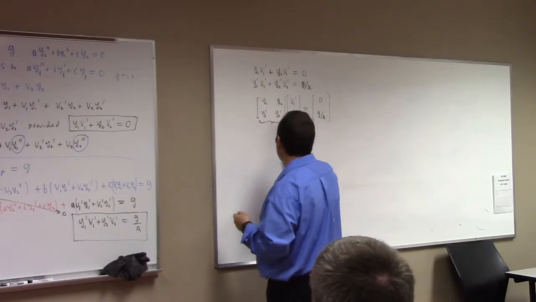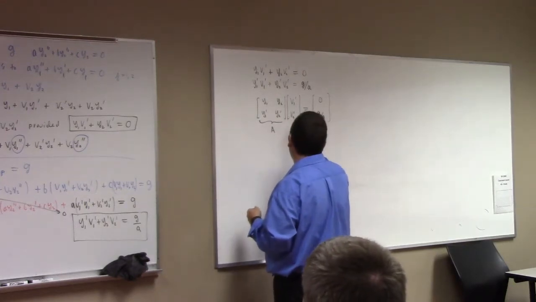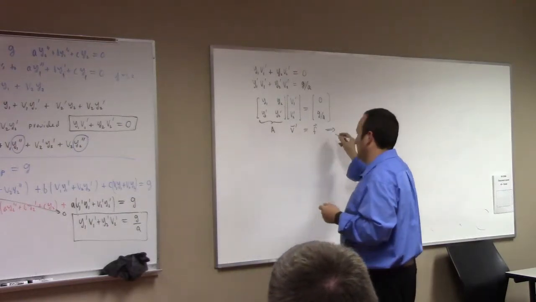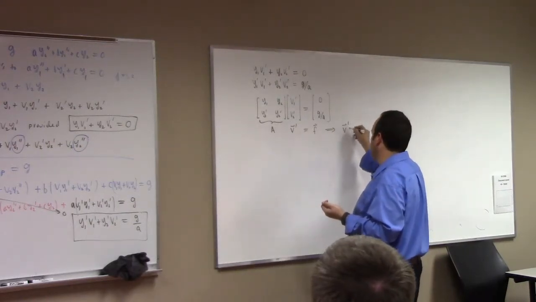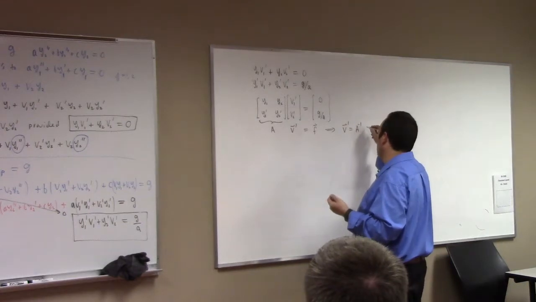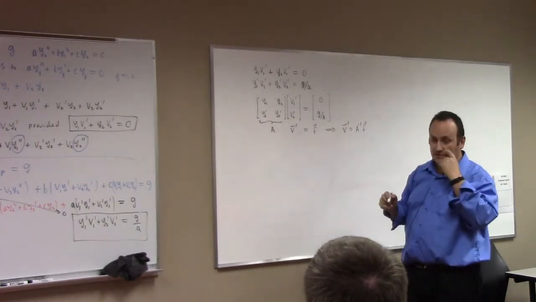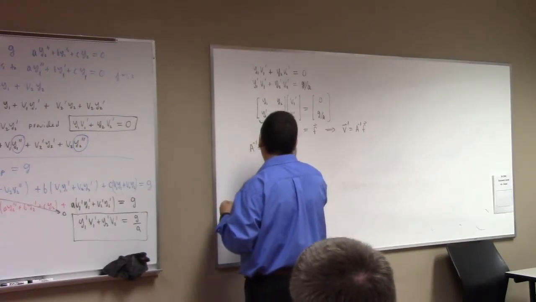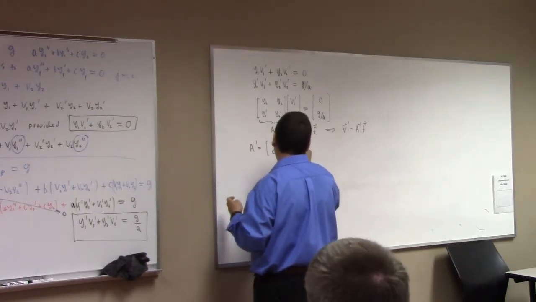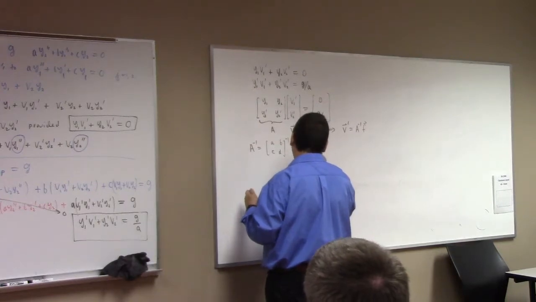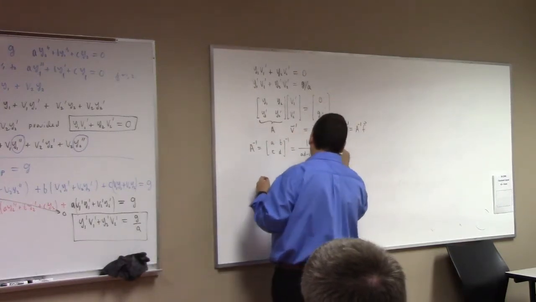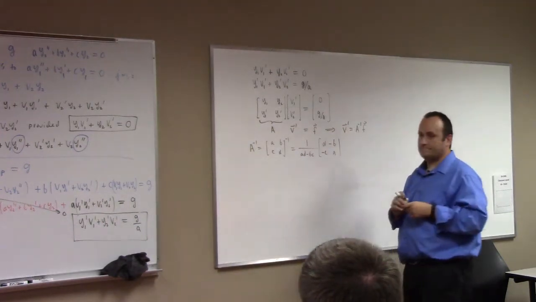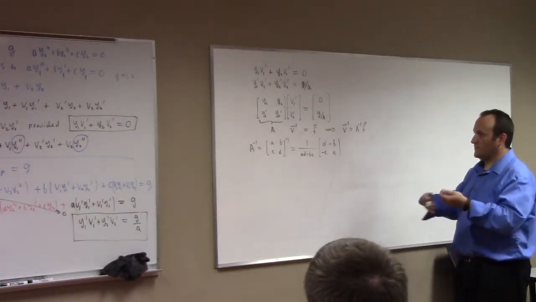If I think about this matrix being A, and this being V prime, and this being, say, F vector, then linear algebra says that V prime is equal to A inverse times the F vector. But there's a formula for A inverse. If I do A, B, C, D inverse, the inverse is 1 over AD minus BC. You flip the diagonals, and you put minuses on the off diagonals, minus B, minus C. So that's the formula for A inverse here.